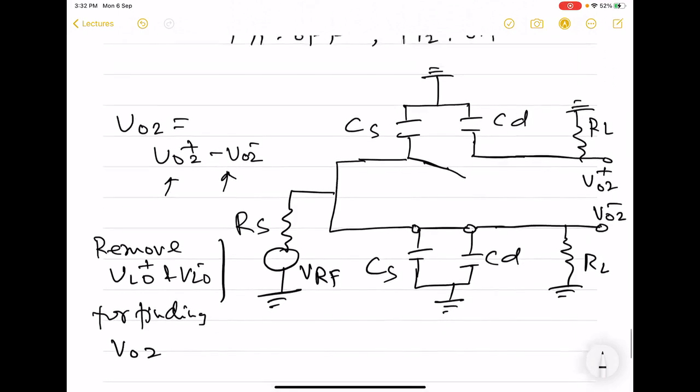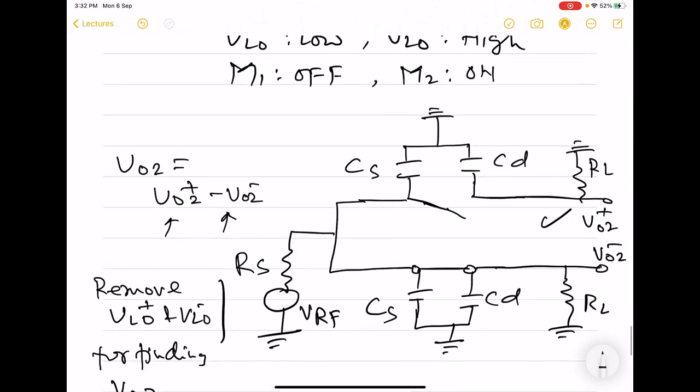So now if we try to find this VO2 plus, again we have CD and RL separated from the RF.